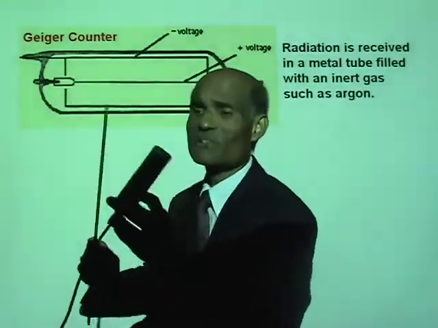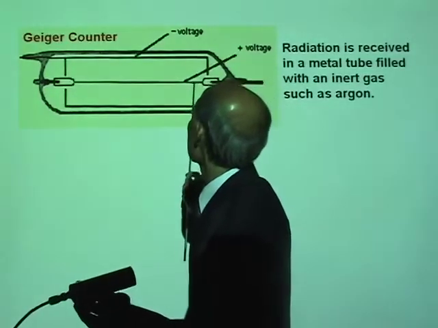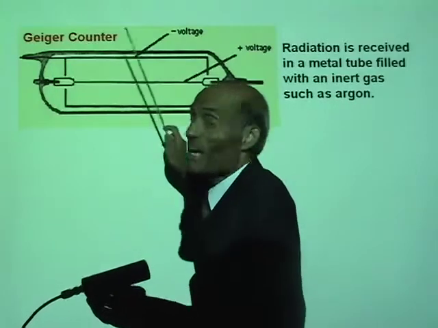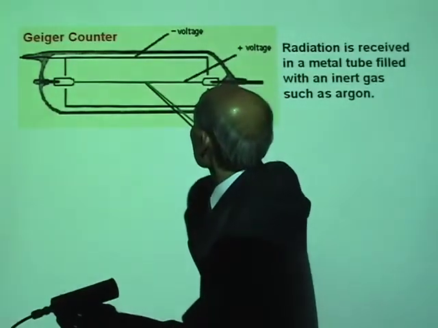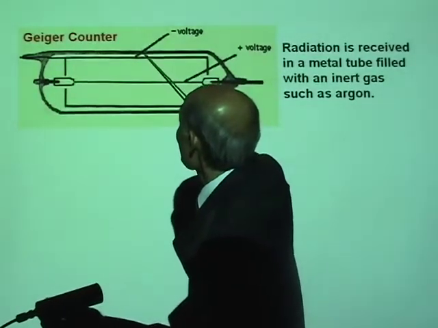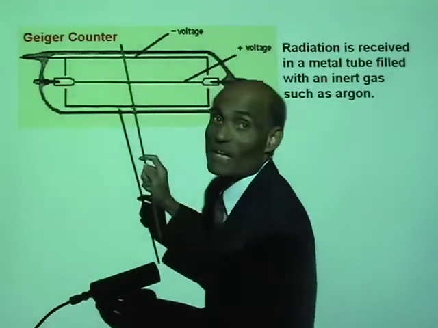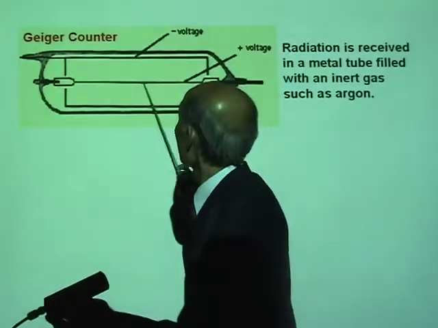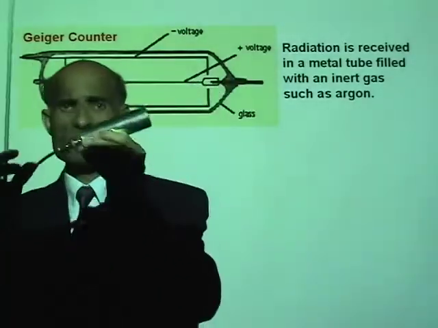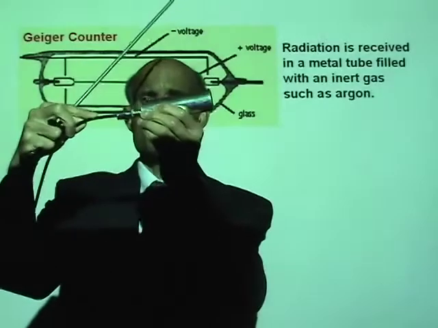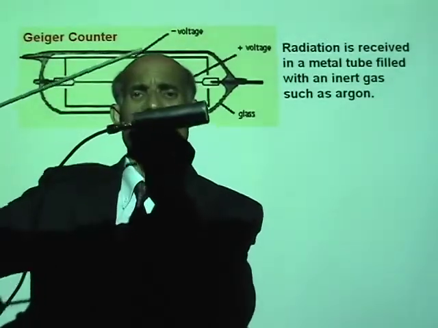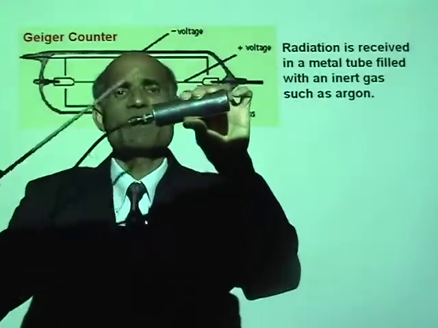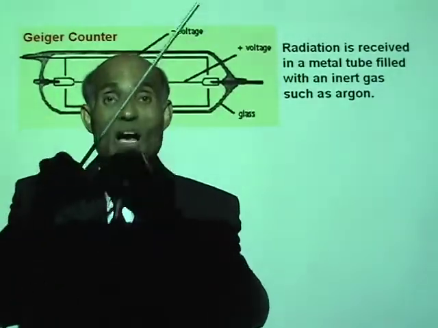And inside the metal tube there is a metal wire. Now you apply a very high voltage between the wire and the outer part of the cylinder. The outer part is made negative and the wire is made positive. Here you can see the electricity going into that wire. The metal part I'm holding is negative and inside it is positive.